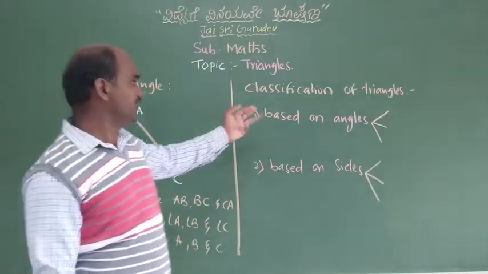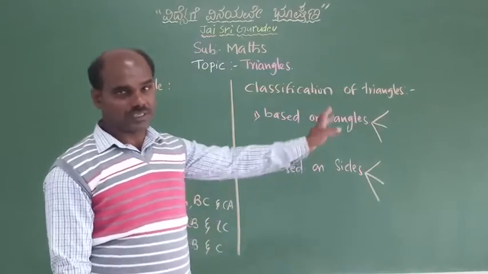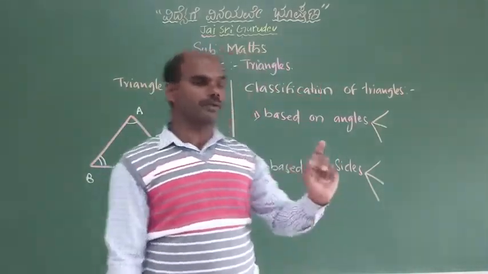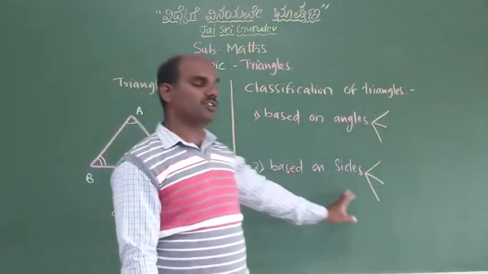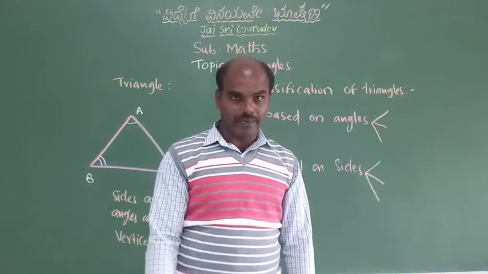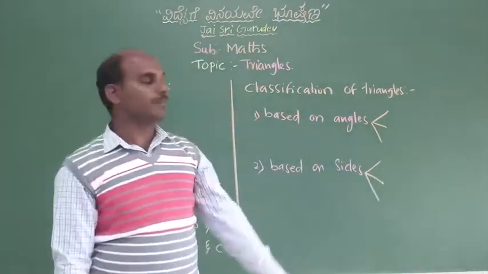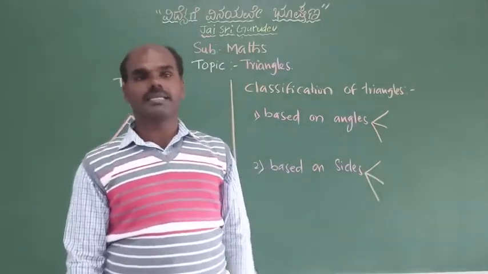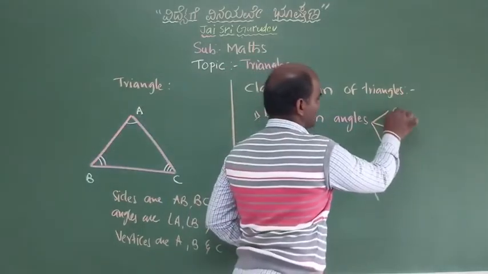We already discussed the classification of triangles in earlier classes. We have two types: the first is based on angles and the second is based on sides. Based on angles we have three types, and based on sides also three types.